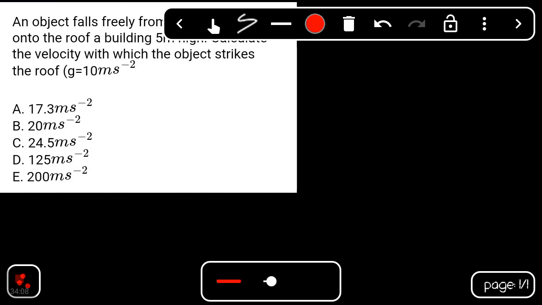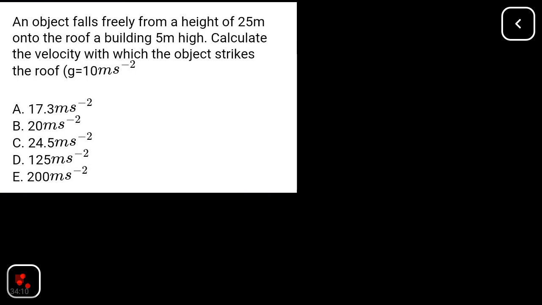So here you have the final question. An object falls freely from a height of 45 meter onto a roof of a building 8 meter high. Calculate the velocity with which it strikes the roof. Falling freely tells you that the initial velocity was 0.